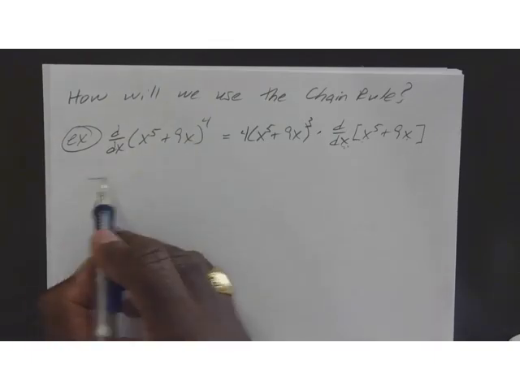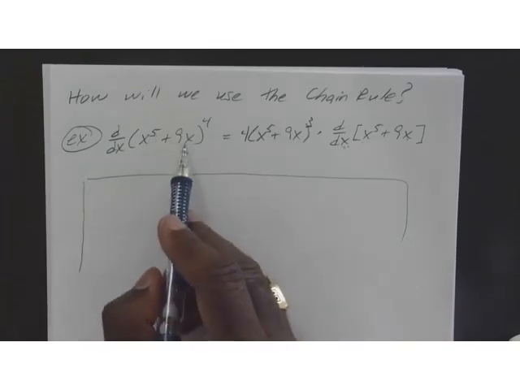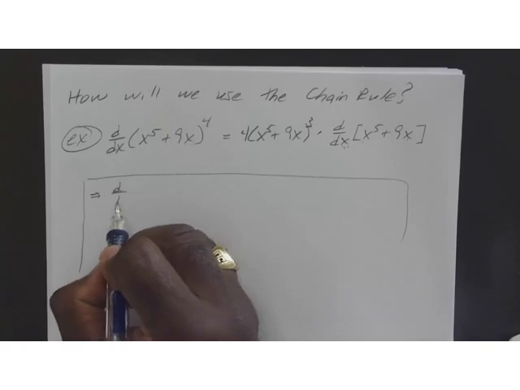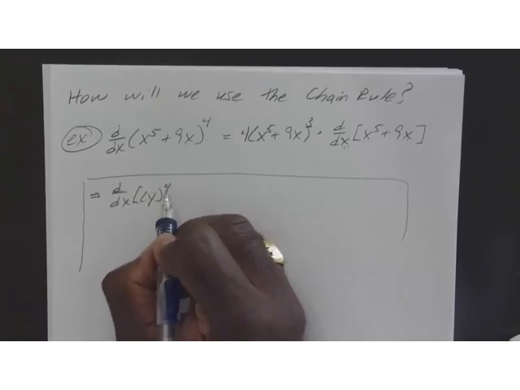Now let's say, instead of x to the fifth power plus 9x to the fourth power, we want to take the derivative with respect to x of y to the fourth power.